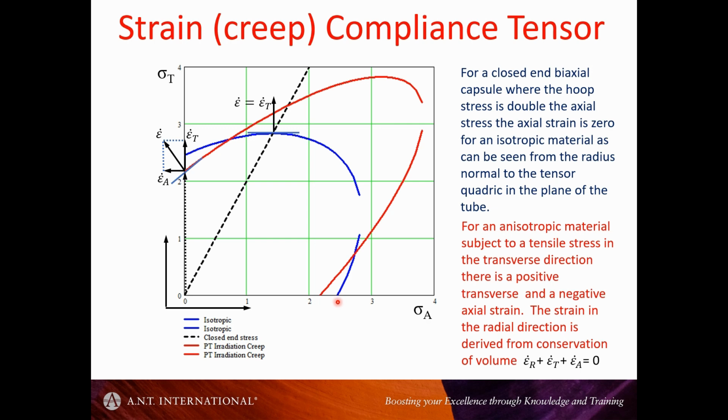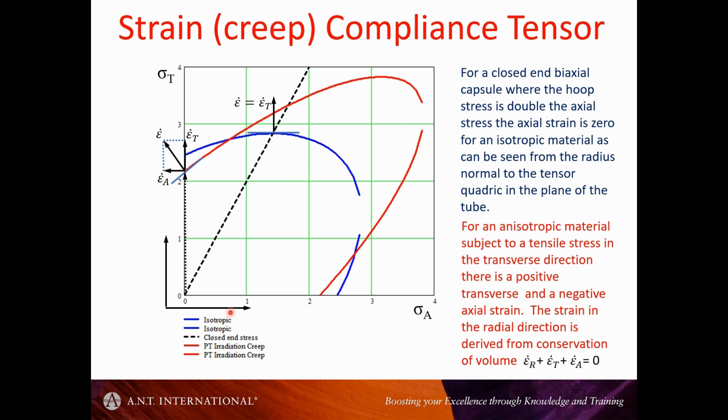It's a cut through the yield surface in the axial transverse plane. And this point here, where it cuts the axial longitudinal axis, would represent the uniaxial axial yield stress. And this point here is the transverse yield stress. So for an isotropic material, of course, they're equal, 2.5, 2.5. And this is just scaled in nominal units, so don't worry about it.